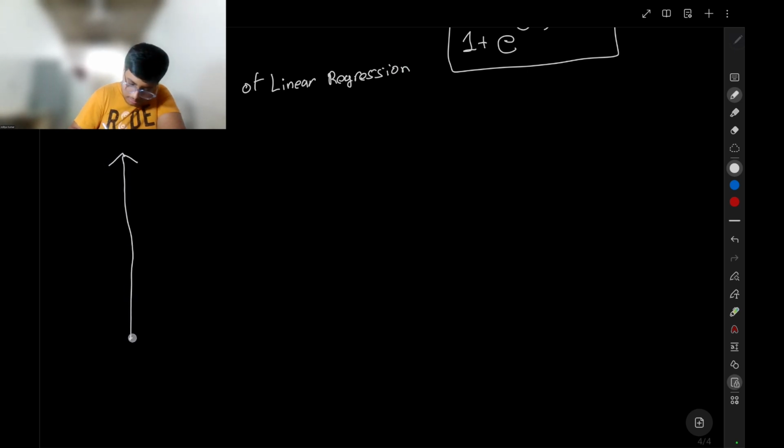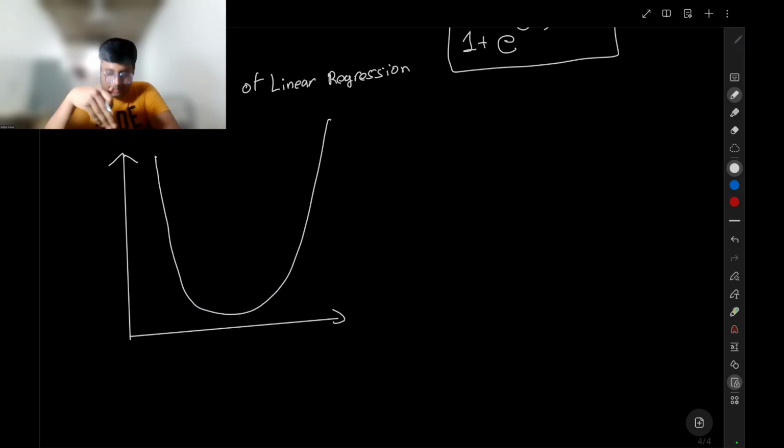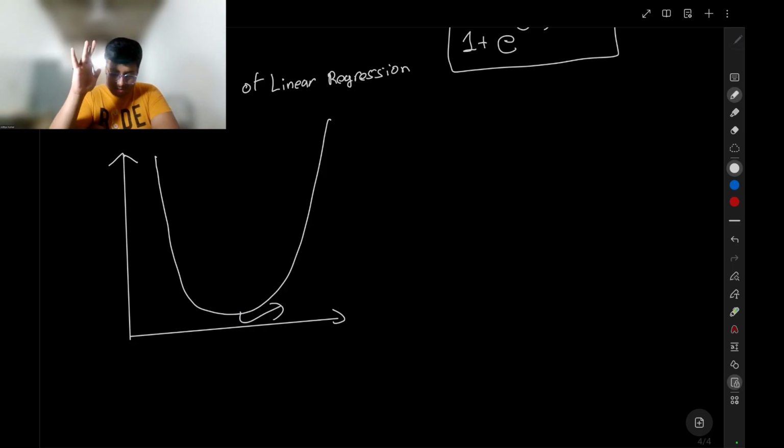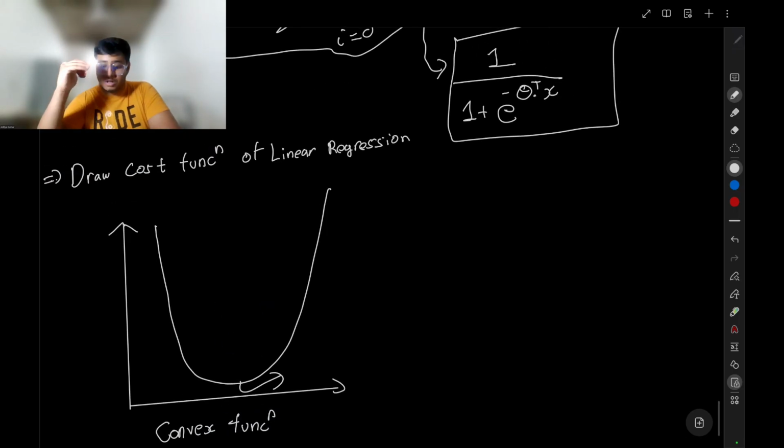It was like this, like a parabola which has a global minima and no local minima. So there was no problem. These types of functions are called convex functions.